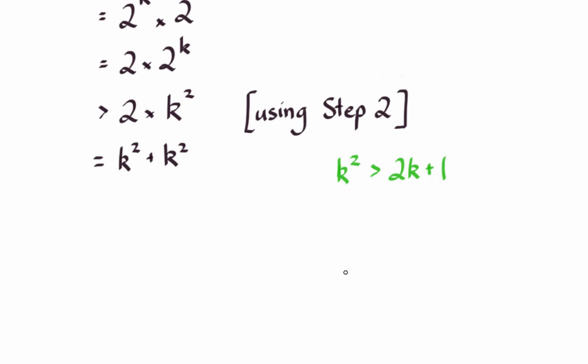Right, is that true? And this is something that we can consider graphically. So let's just do a quick little sketch. So 2k plus 1 is just a straight line. So it has a gradient of 2 and a y-intercept of 1.